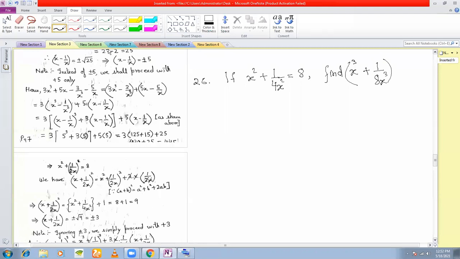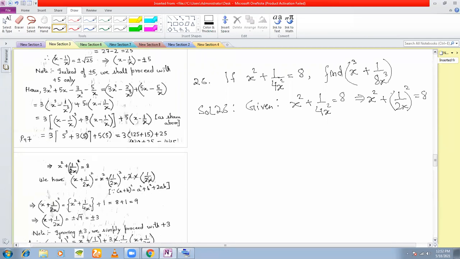Now, here again you see power 2 is given, right? x square plus 1 by 4x square is equal to 8, which can also be written as x square plus 1 by 2x whole square equal to 8, right?